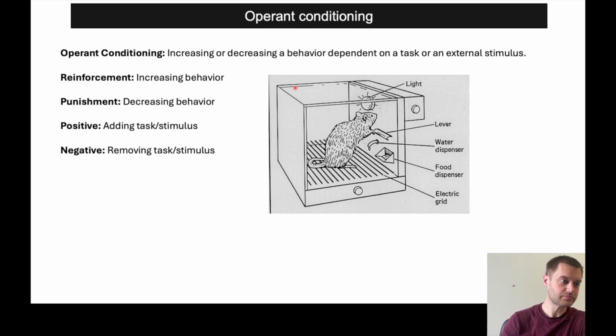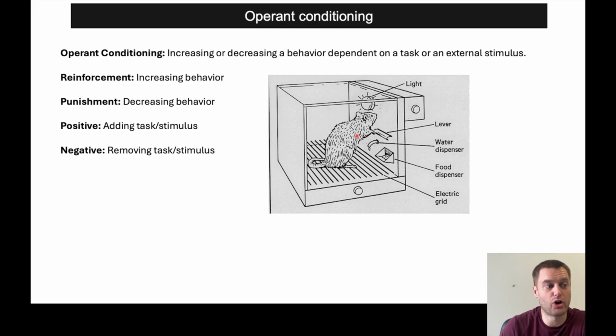So here we can see a rat is in this box. It has a lever, and it can push the lever and potentially get water dispensed, or it could push the lever and get food dispensed.